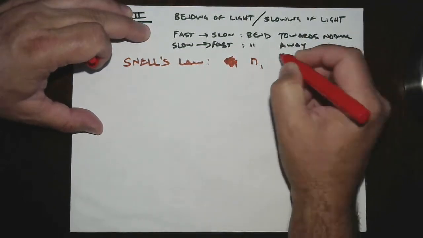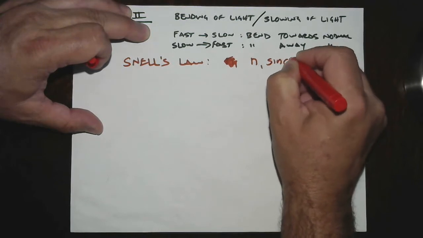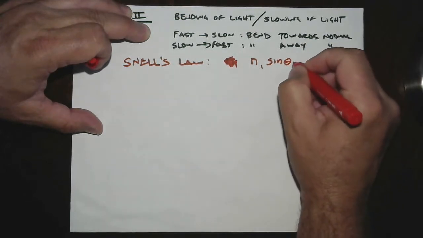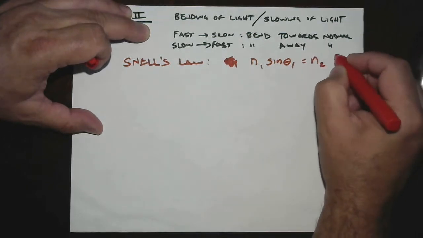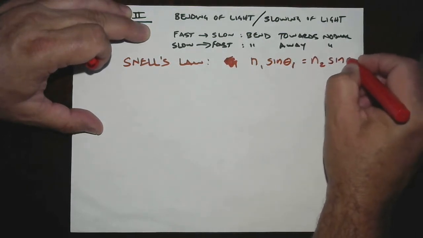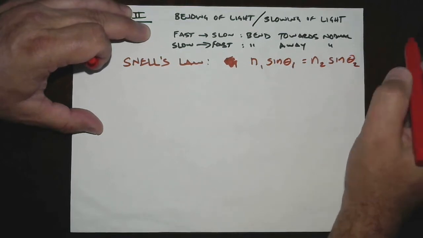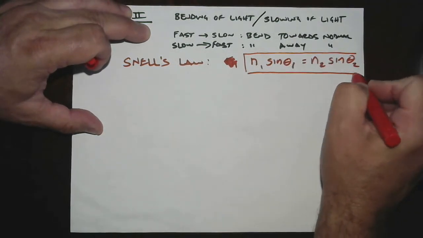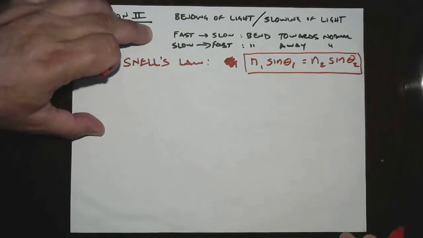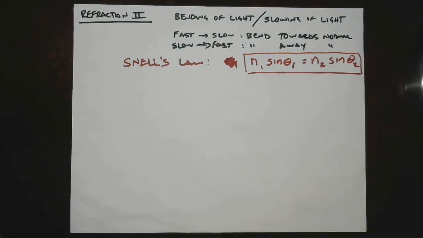The index of refraction in one material times the sine of the angle in that material, measured, that's a 1, measured away from the normal, is equal to the index of refraction in the second material times the sine of the angle in the second material. We're going to use this later on. Today I want to focus on lenses, but we're going to use this later on in our last lecture or so to solve for some interesting things that happen when you have refraction of light.